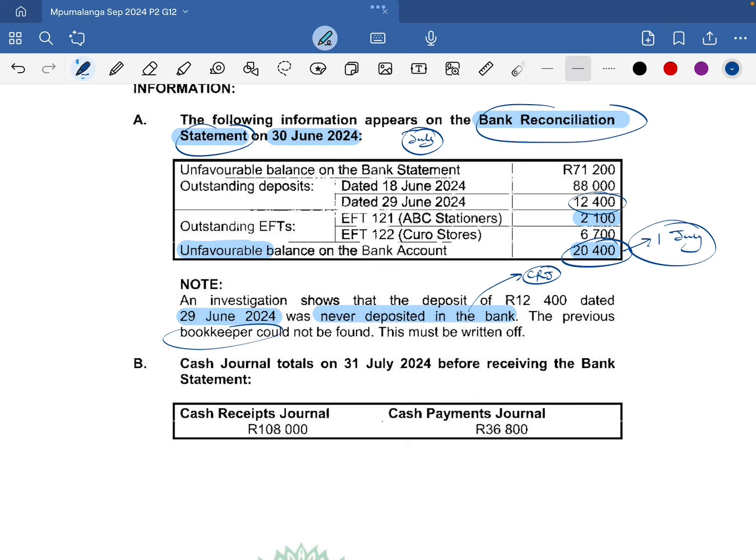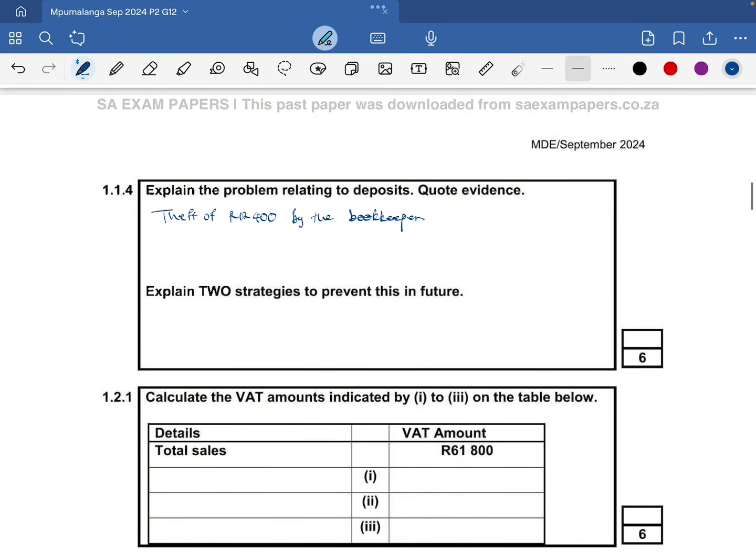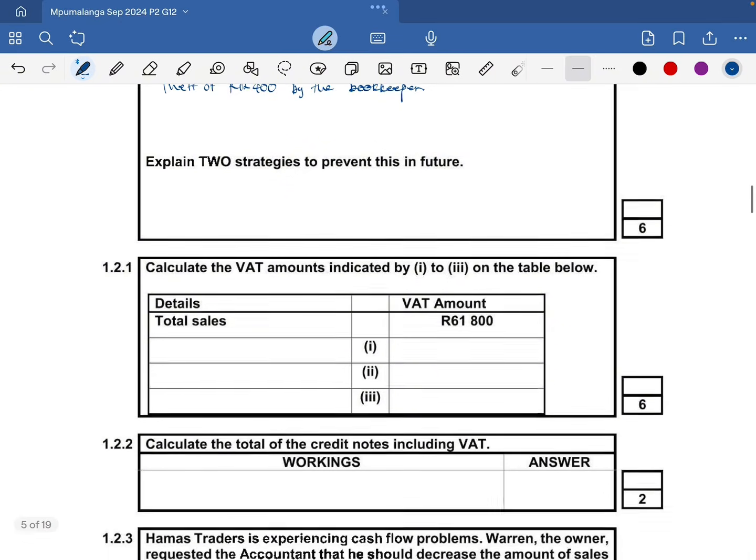So this bookkeeper was supposed to deposit the money into the bank account, and they suddenly stole this amount. So now we can see that there was theft of 12,400 by the bookkeeper, and there were late deposits. And now we need to explain two strategies to prevent this in future.